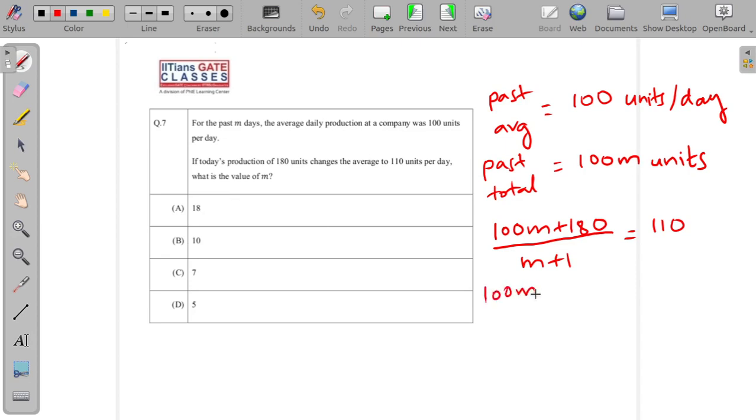So 100 M plus 180, it gives 110 M plus 110. Rearranging, I'll get, let me see, 180 minus 110 is 70, is 10 M, or M is equal to 7, which is option C. Moving on to the next question.